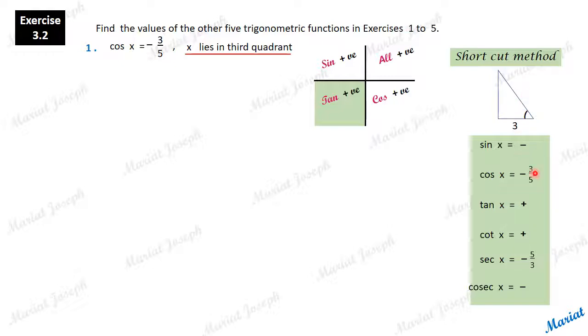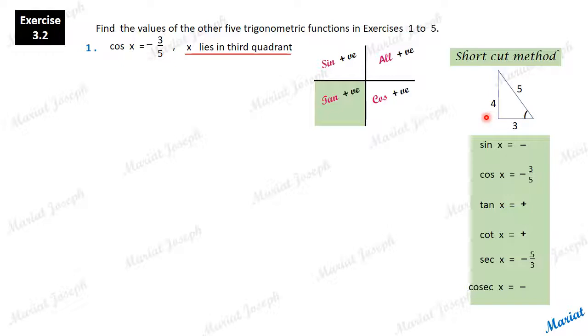So take this 3 and 5 as adjacent side and hypotenuse. Then, using Pythagoras theorem, get the third side. 5 square minus 3 square, 25 minus 9, is equal to 16, under root is 4.